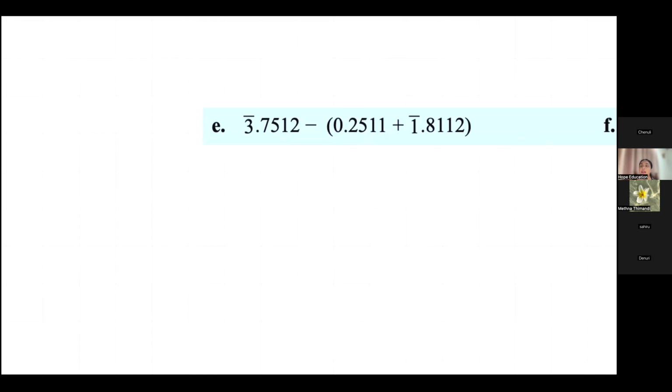Since there are brackets, I will first do this part. I will do that addition and then after that, I will subtract that from this, okay? So, bar 3.7512 minus the... okay? So, here characteristic it's just 0.